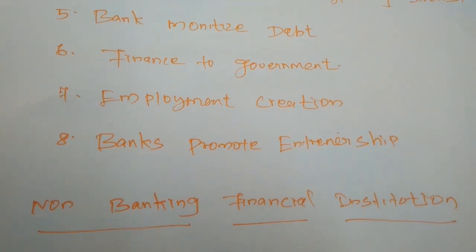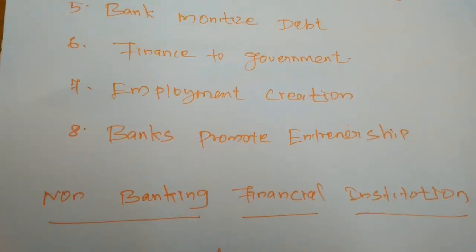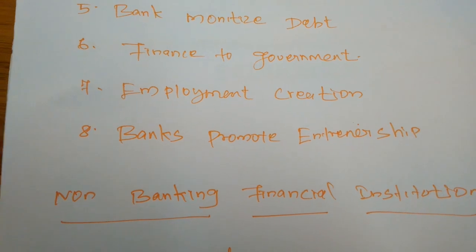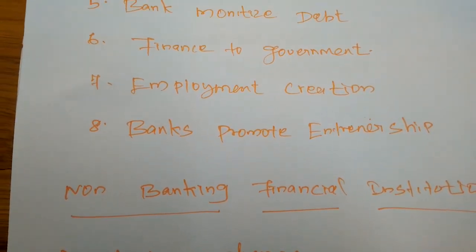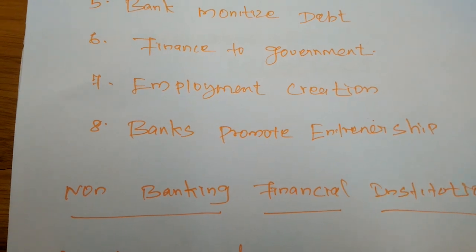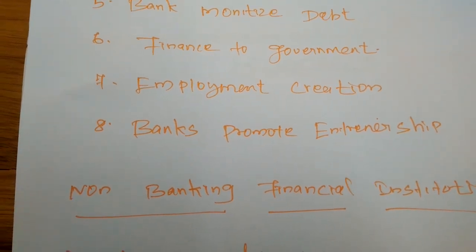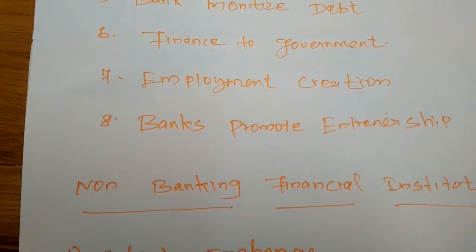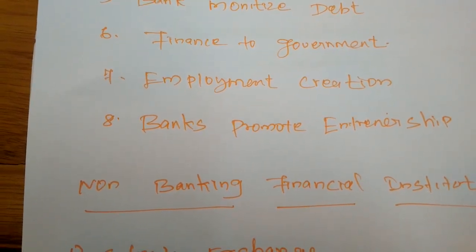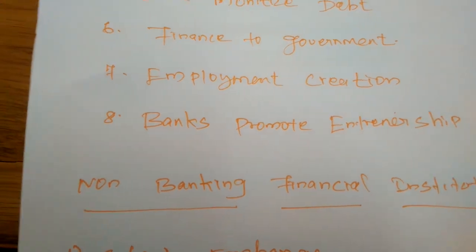Next, finance to government. The government is acting as the promoter of industries in underdeveloped countries, for which finance is needed. So the banks provide long-term credit to government by investing their funds in government securities, and short-term finance by purchasing treasury bills.